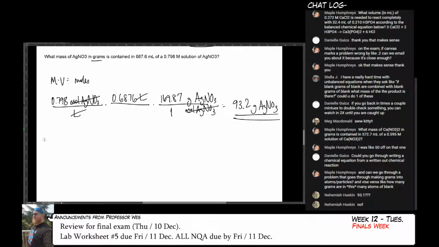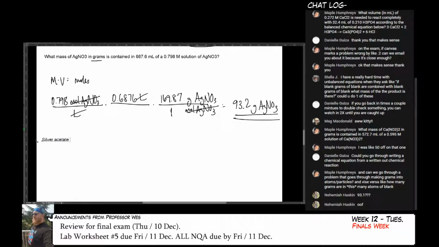Okay, I gotta break out the text box again for this one. So, let's see here. Could you go through writing a chemical equation for my written out chemical reaction? So let me think of a chemical reaction. I don't want to keep using silver stuff, but this is what I'm thinking of.